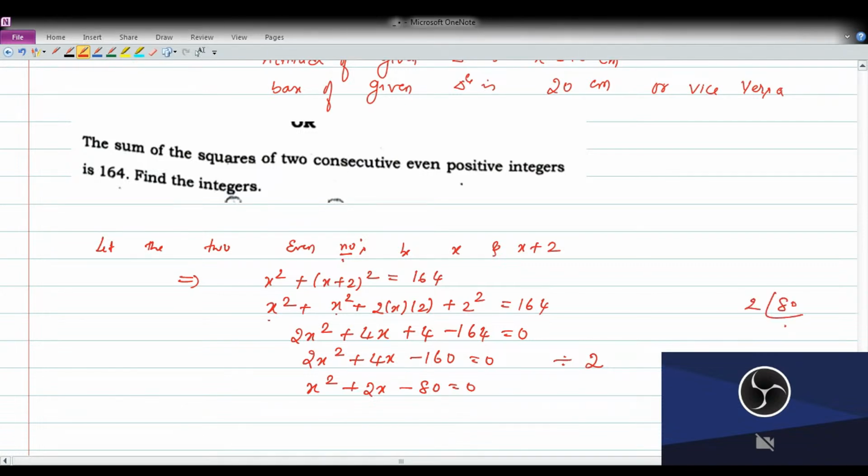So 2 40s are, 2 20s are, 2 10s are, and 2 5s are. So group them. So 8 and 10 are the factors. So if you take 2 2s are 8 and 5 2s are 10. So you'll get x square plus 10x minus 8x minus 80 equal to 0.